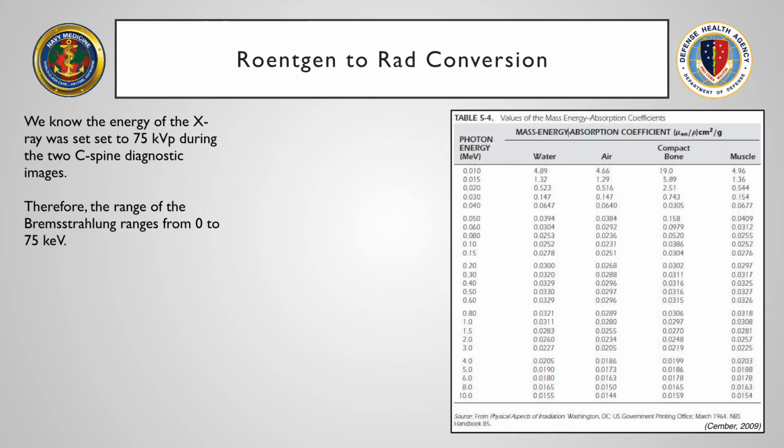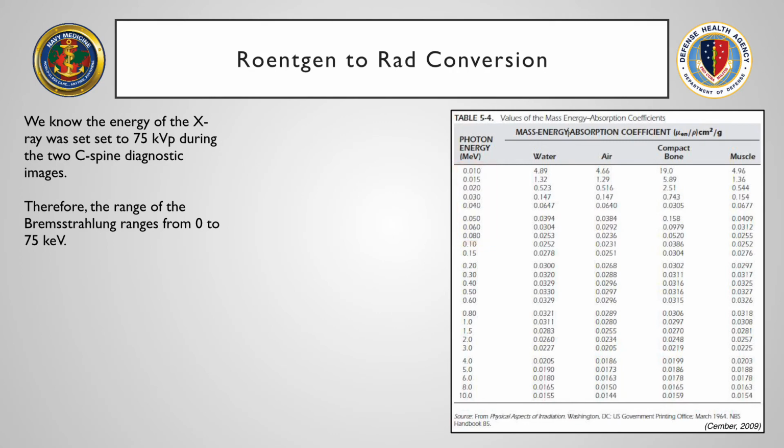Moving on to calculating the actual ratio that we need for our diagnostic exam, we take the energies from 0.01 MeV, or 10 keV, which is the lowest this will go, all the way up to 80 keV, which is about 75 keV for the maximum energy of our Bremsstrahlung radiation spectrum.